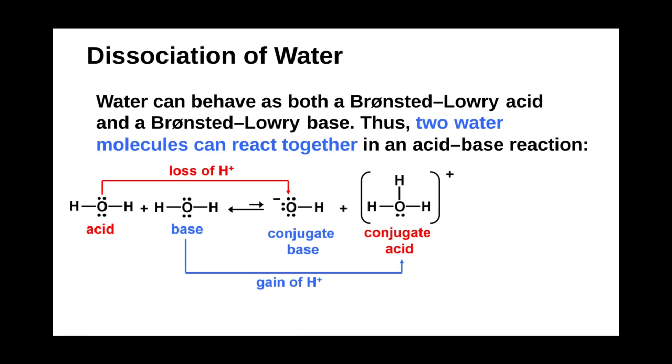Water can react together in an acid-base reaction. Thus, if we react two waters together, we can produce the conjugate base, i.e. the hydroxide ion, and the hydronium ion, H3O+. So we have our acid forming its base and its base forming its acid.